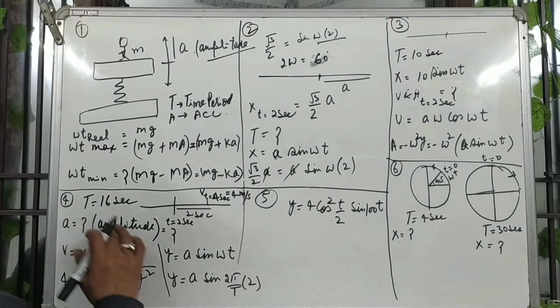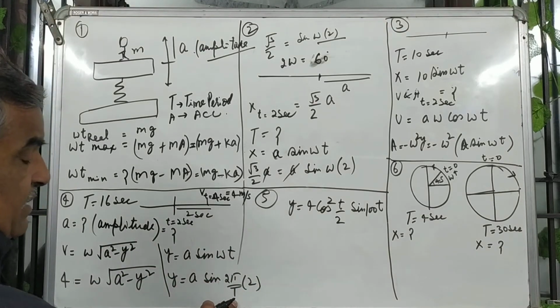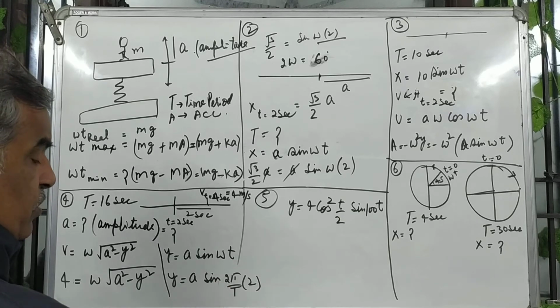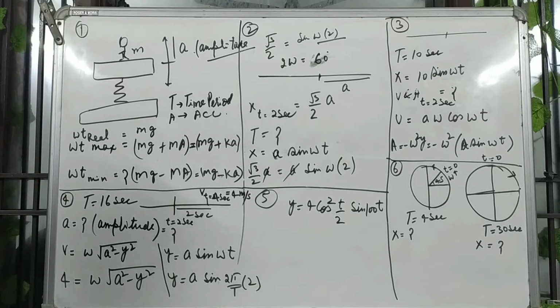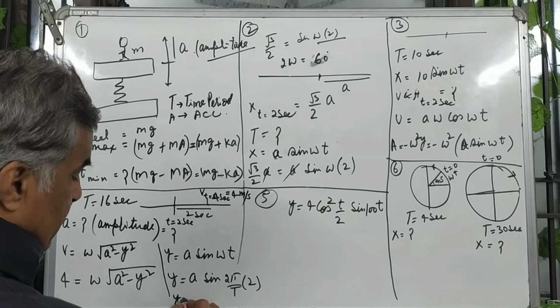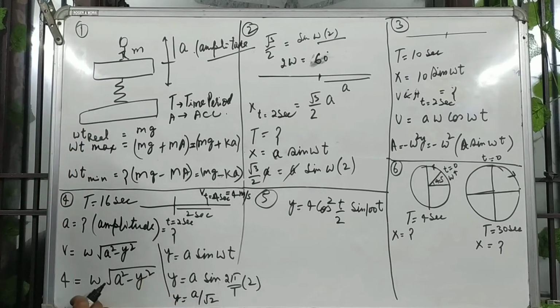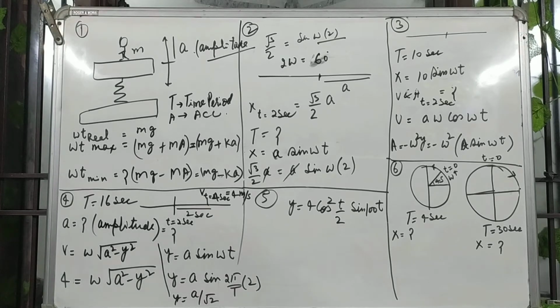This is 16, 2 out of 16 is 1 by 8, so pi by 4, and sin 45 is 1 by root 2. So y equal a by root 2. This y value you substitute. This equation will be in terms of a, and you will simplify and find a.